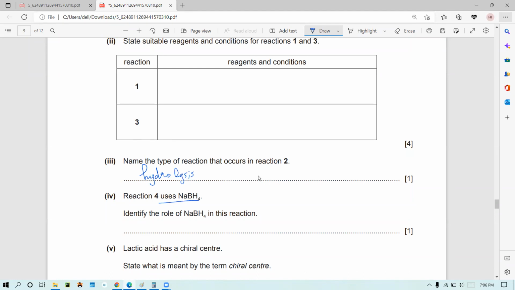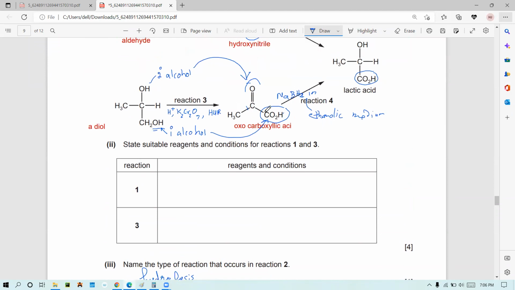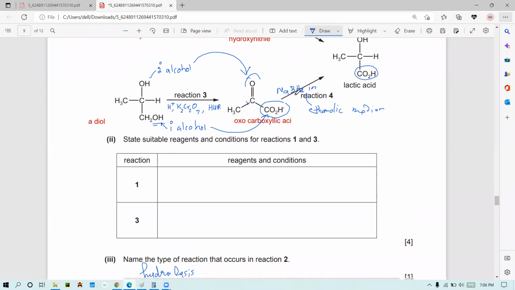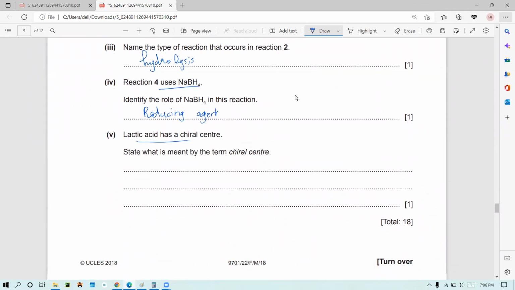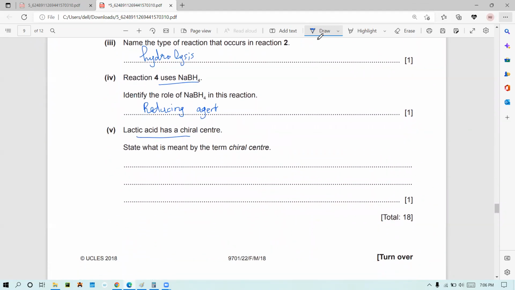Reaction 4 uses NaBH4. The question says reaction 4 uses NaBH4. Identify the role of NaBH4 in this reaction. It's a reducing agent. Not only in this reaction, NaBH4 is a reducing agent. Lactic acid has a chiral center. State what is meant by the term chiral center.